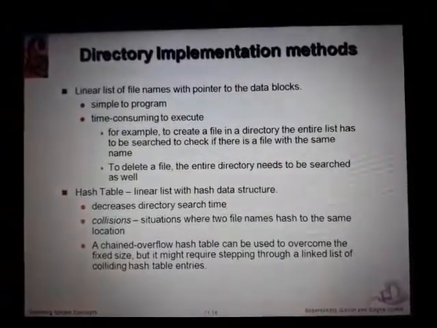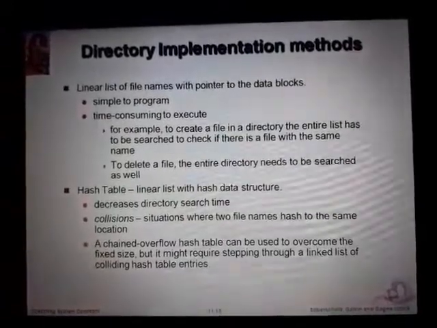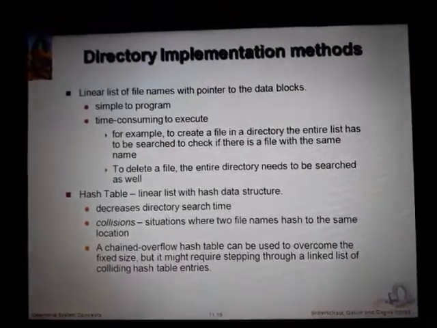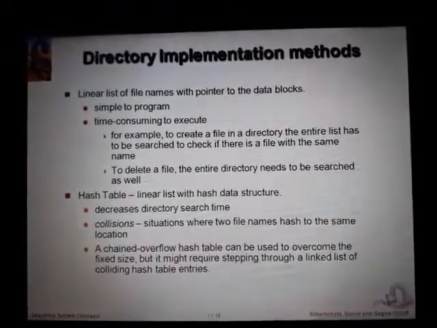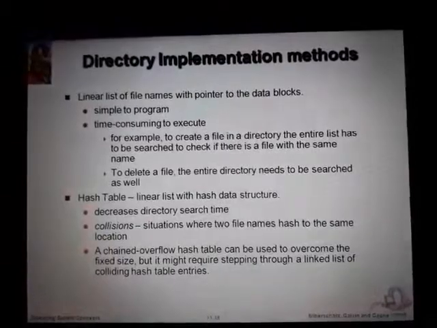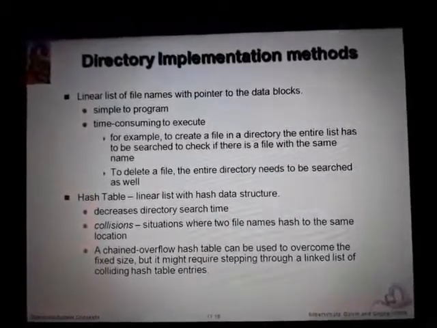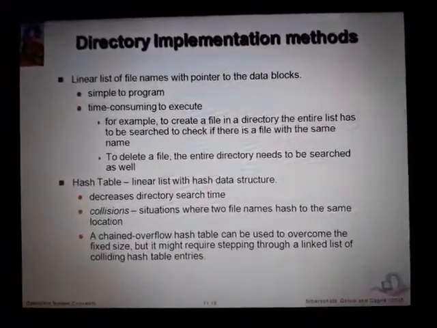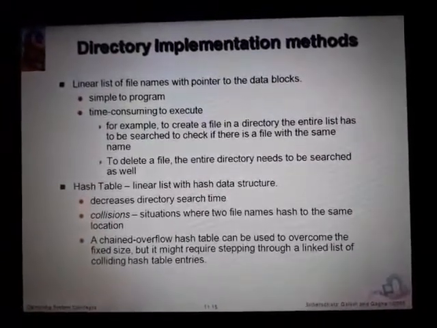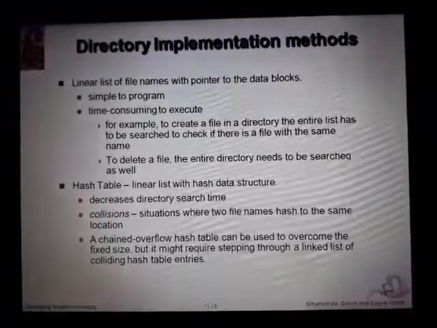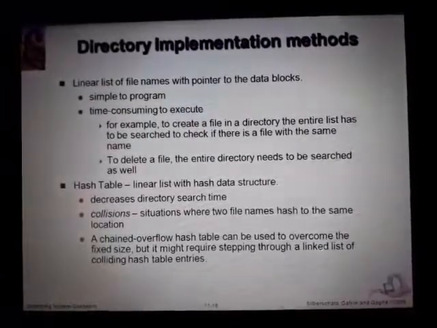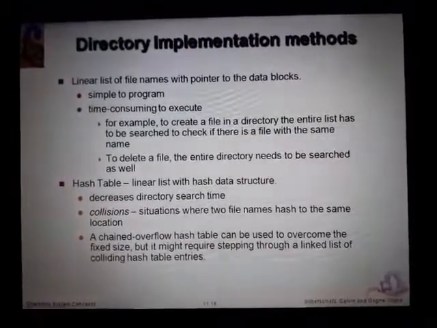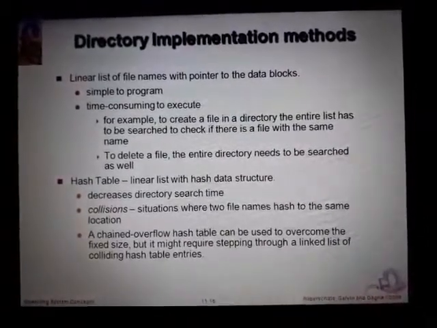This linear list method is time consuming to execute because if you want to delete or create a file, the entire list has to be searched to check if there is a file with the same name, or the entire directory needs to be searched when a file has to be deleted. But if you use the hash data structure, it decreases the directory search time. So actually this is an easier method for the implementation of a directory.